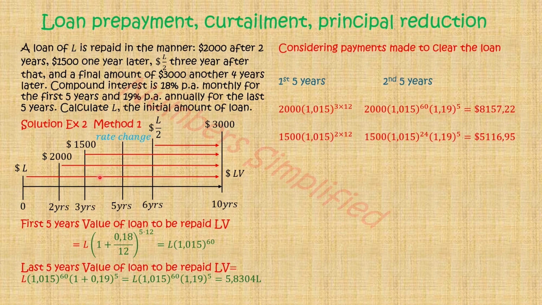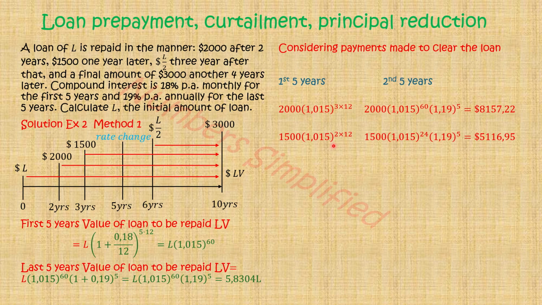So in the second payment, we have 1,500 times 1.015 raised to the power 2 times 12. This is because it was paid in the third year, and at that particular interest rate, the payment that was made would be within the first 5 years for only 2 years, and that being compounded monthly. So we are multiplying that by 12, the 2 times 12, so that we get the value of that particular payment in the first 5 years.